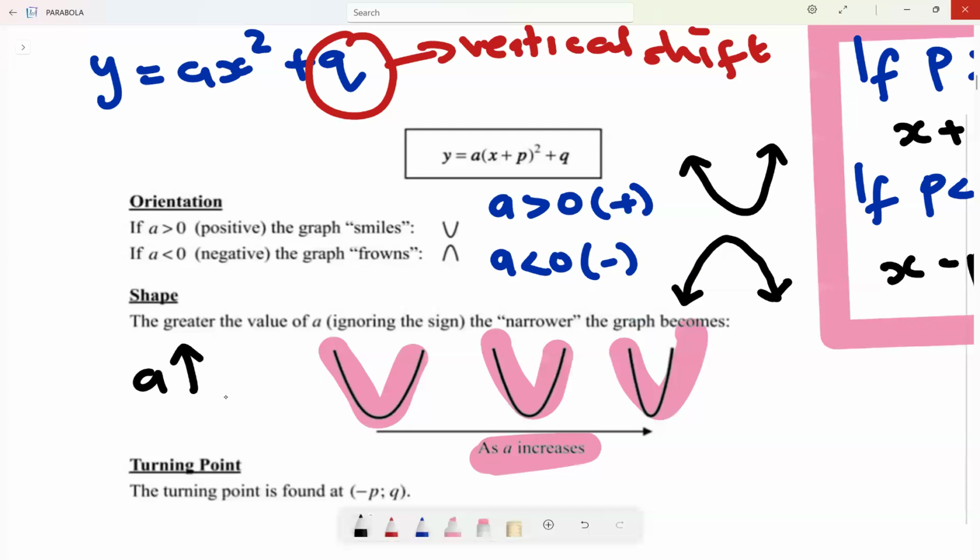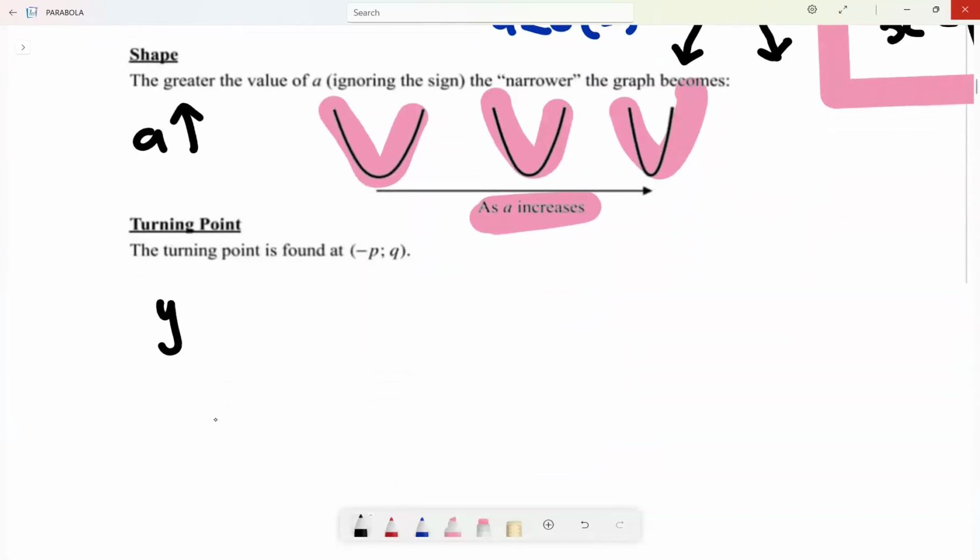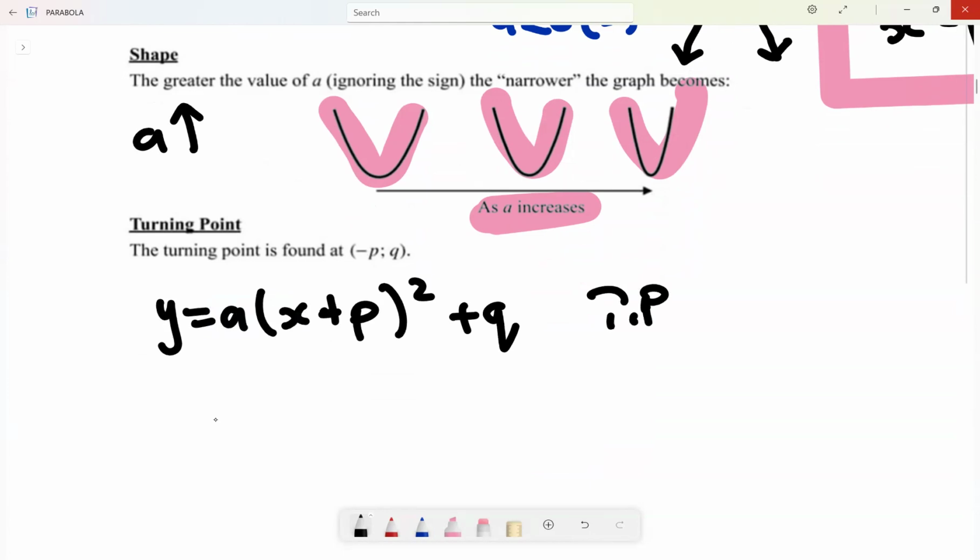So hence now we have to change what we knew and learn new things. Okay? How do I find the turning point? Basically, this formula that you are given, y is equal to a(x minus p) squared plus q, or let me say plus p. It is a turning point formula. I refer to it as a turning point formula. Why? Because it gives you the coordinates of the turning point.